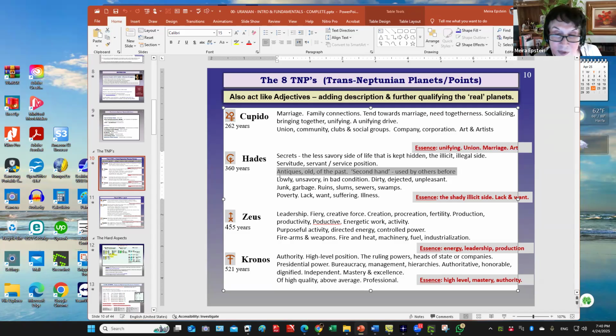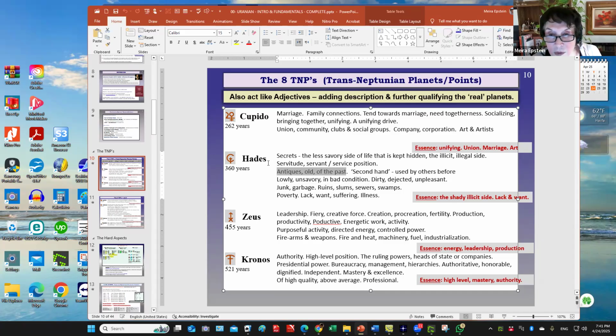That's another layer of Hades. This is again a little bit negative: lowly, unsavory, in bad condition, dirty, dejected, unpleasant. Junk, garbage, ruins, slums, sewer, etc. Poverty, lack, want, suffering, illness. Out of all these keywords, this one is really not negative. All the others are more, let's call them challenging, to be polite.